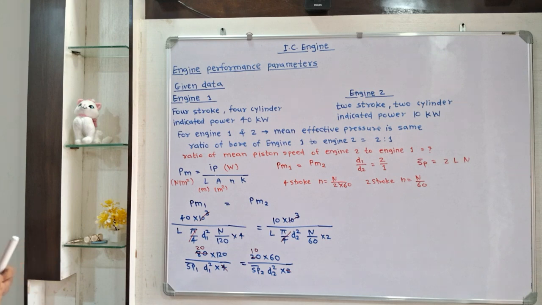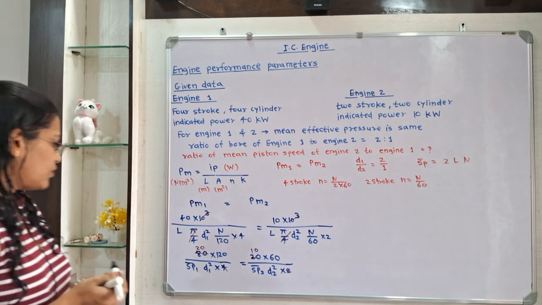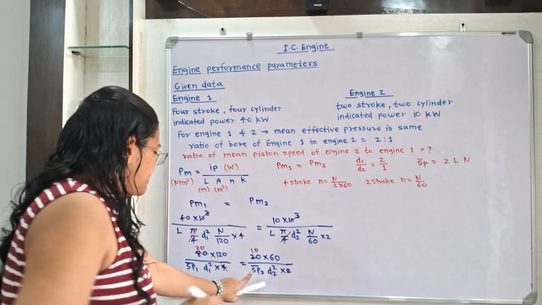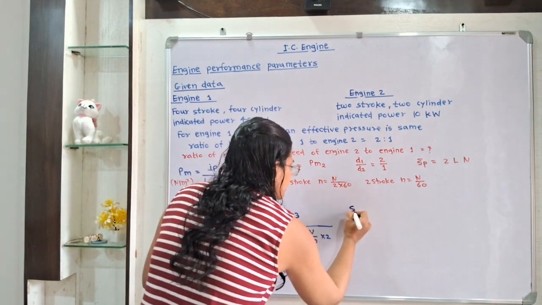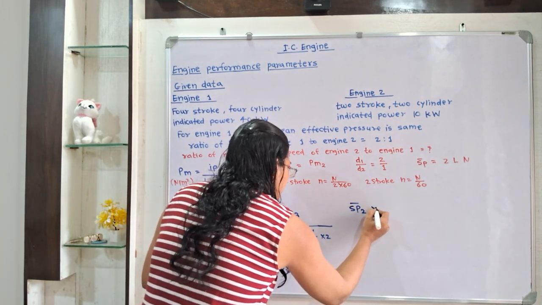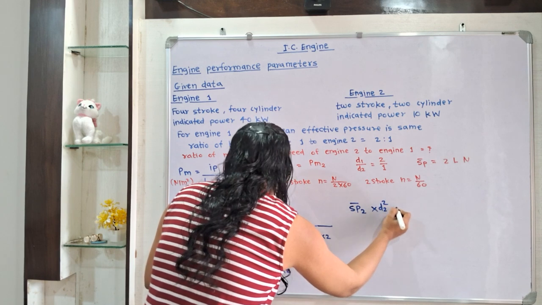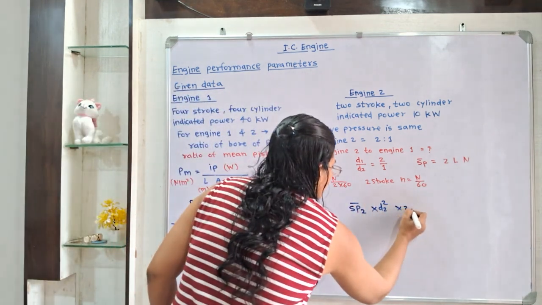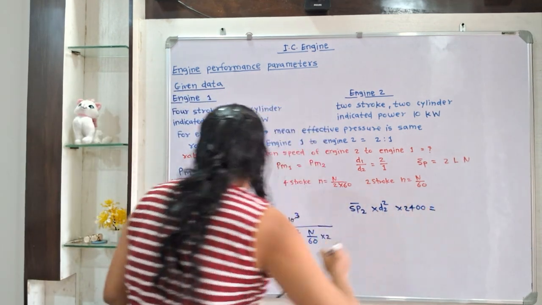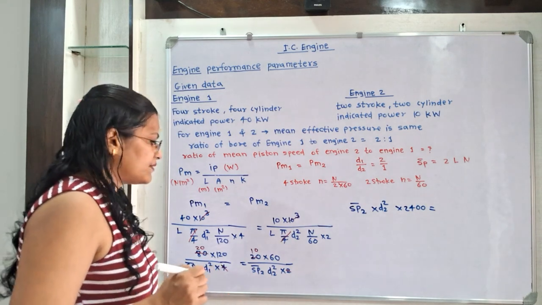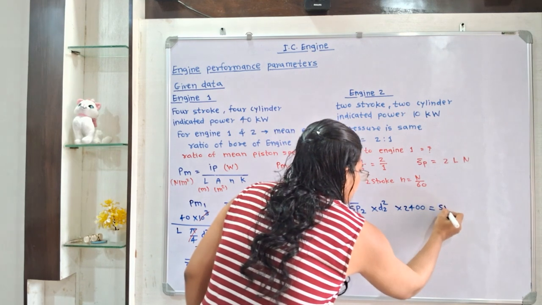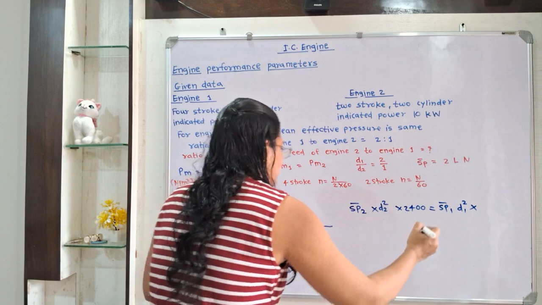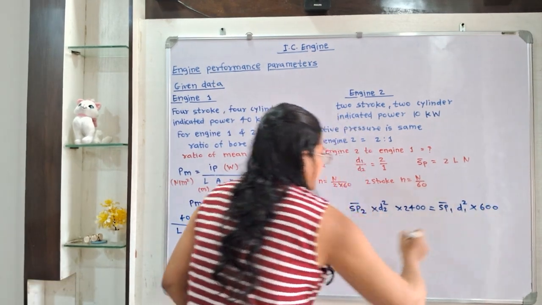Now I will cross multiply. So it will become SP2 bar multiplied by D2 square multiplied by 2400 is equal to SP1 bar D1 square multiplied by 60 into 10, 600.